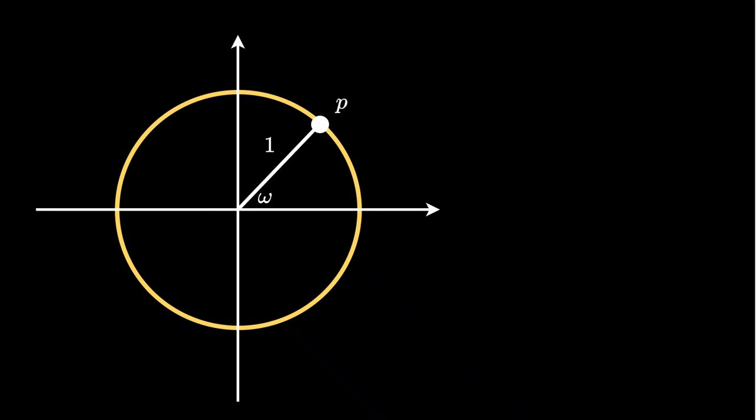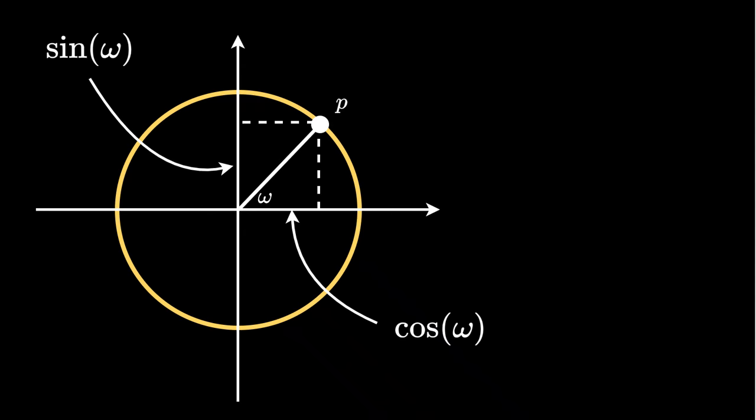Next we will move into Cartesian coordinates. Before that, we will check what projections this point makes onto the x-axis and the y-axis. The x-axis means the real axis, and the y-axis means the imaginary axis.